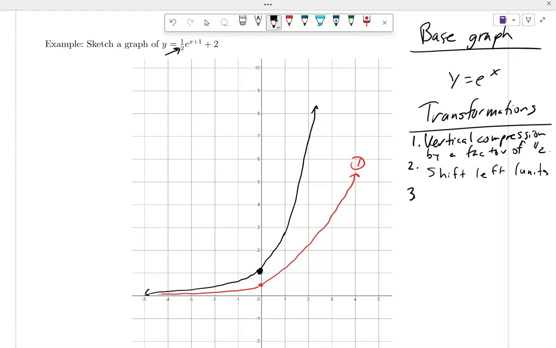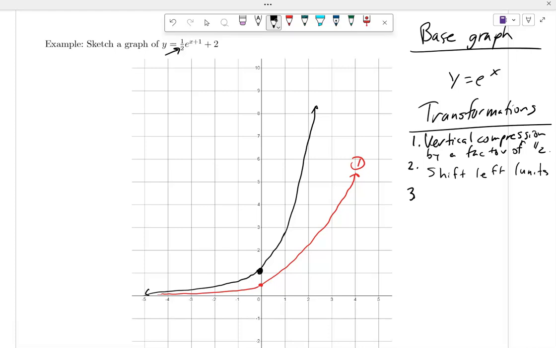And things on the inside affect the inputs. Right? So, and then when it's on the inside and affecting the input, it kind of does the opposite of what you think, right? So since it has a +1, we're going to go left 1. I'm pointing to my left, that's your right. So left 1. We agree? Okay.